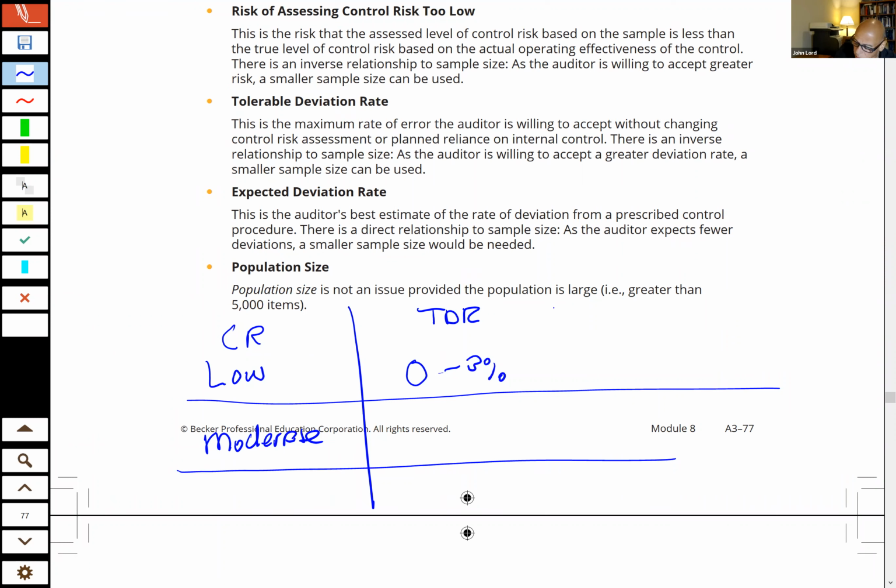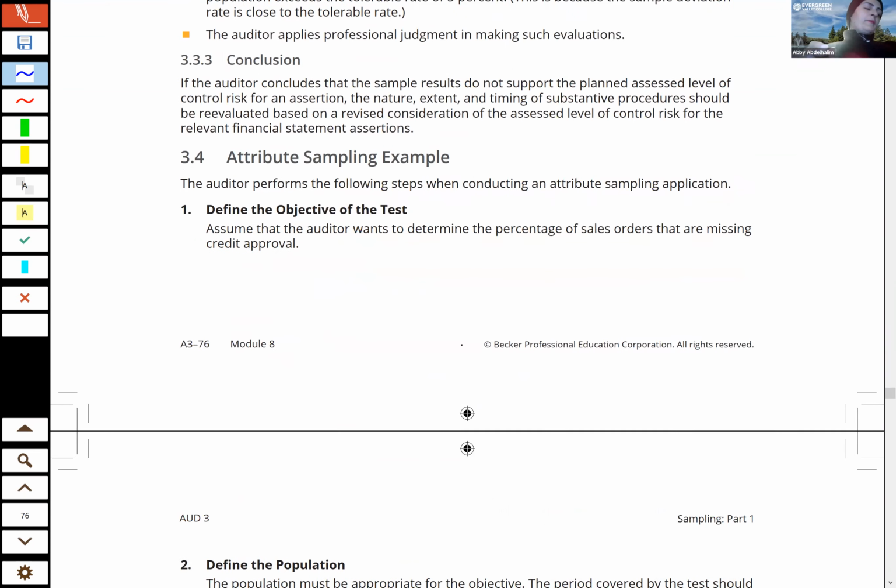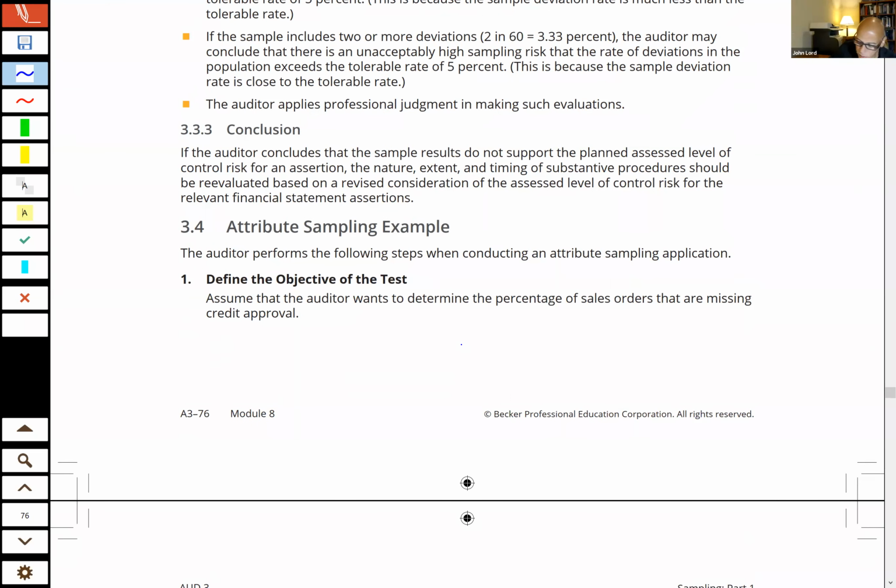So now they tell me that my tolerable deviation rate might be, say, 4 to 7%. Okay. Again, it's an auditor judgment thing, but it has to do with how low you have assessed that control risk. Okay. Okay, good.